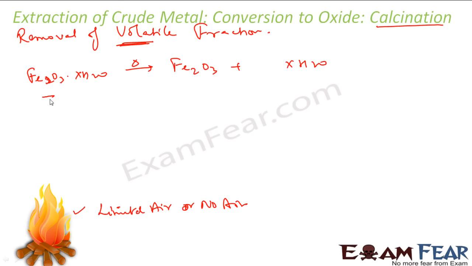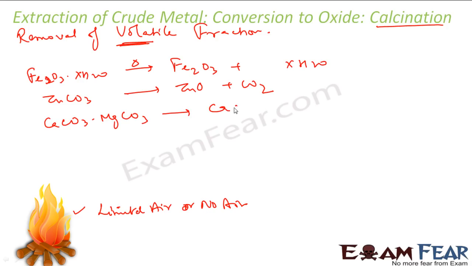If I have zinc carbonate, you heat this, you get zinc oxide and carbon dioxide. If I have CaCO3.MgCO3, if you heat it, it becomes calcium oxide, magnesium oxide and carbon dioxide. You see, carbonate also we are converting into oxide, and we are also removing the volatile component.